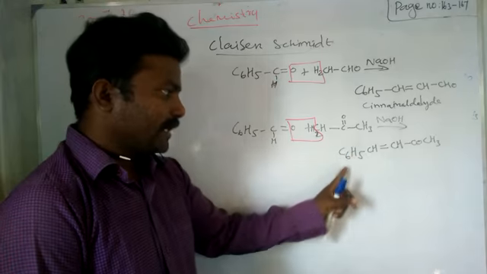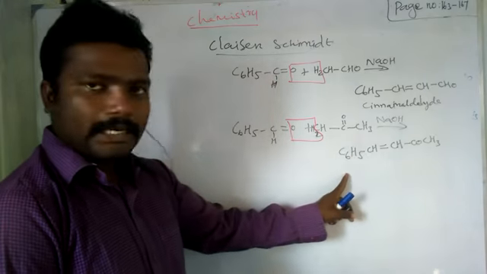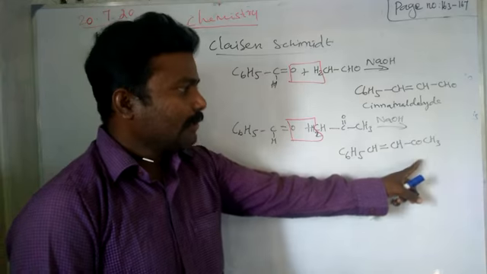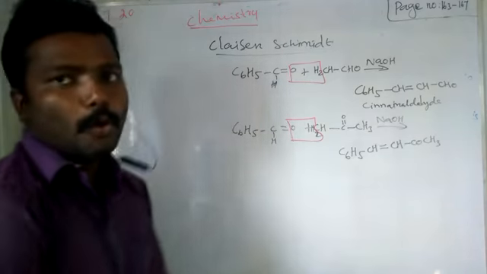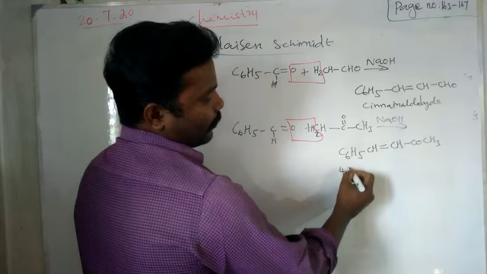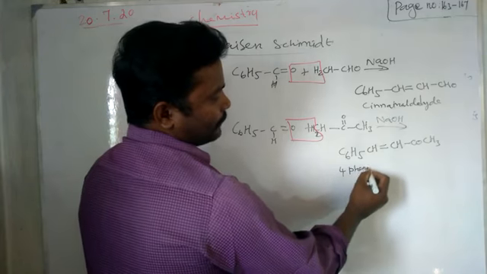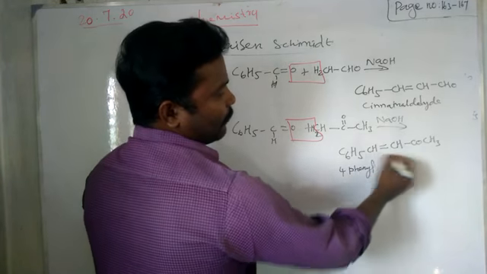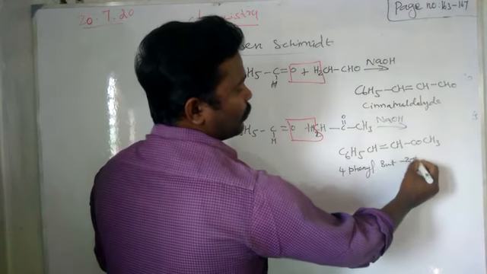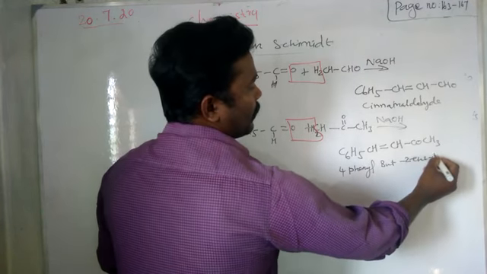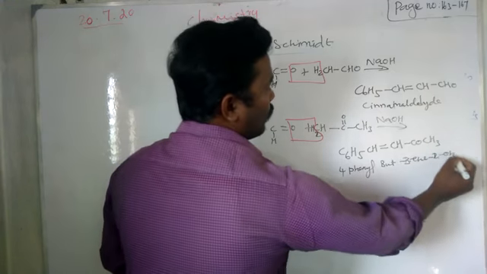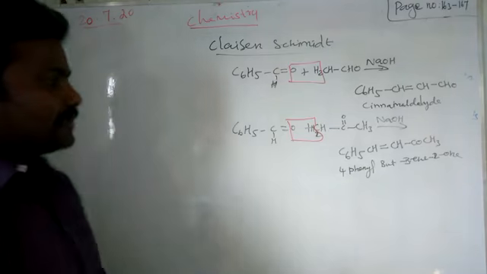So 4-phenyl, 3-butene-2-one. I can write this because it is somewhat complicated. 4-phenyl, root word 4 carbons, but-3-en-2-one is the IUPAC name of this compound.